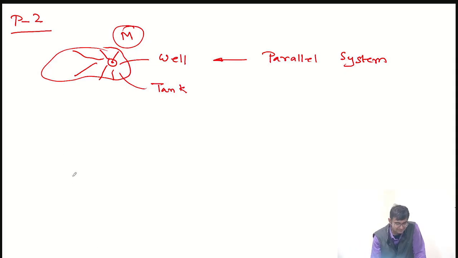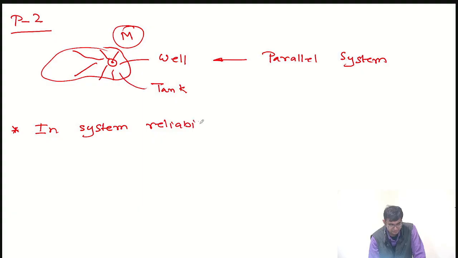But in general, in system reliability, what are the things you need to be careful about, or be aware of? One needs to consider, in the ideal world at least, the following.